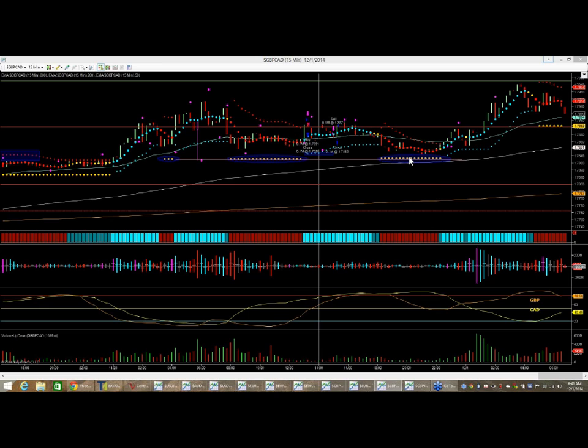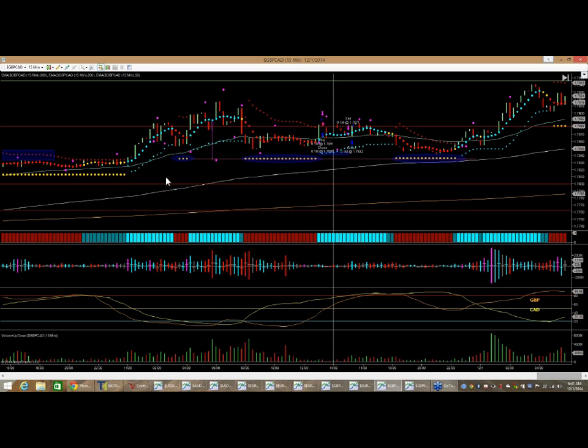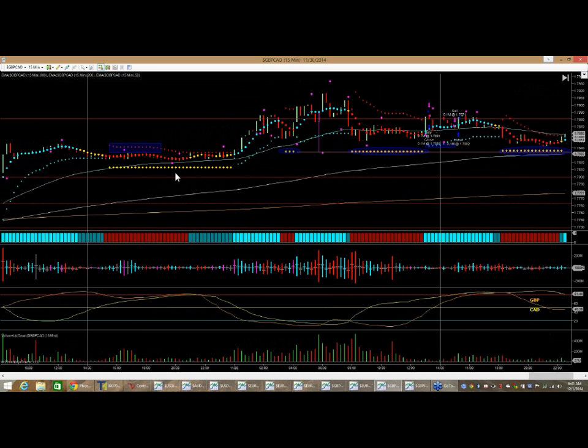Now, I would have preferred if it would have done it from here, the way I see this one here. And we'll go back. See how this level appeared right below this previous level? This, for me, is a much more solid trade than this one. However, why? Not because of the amount of power dots that came out.